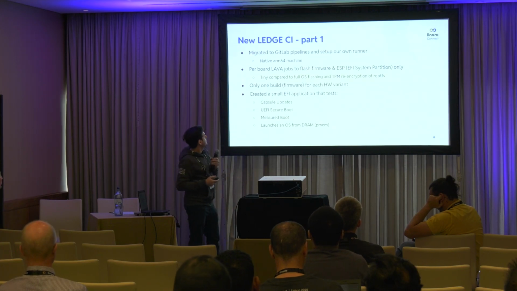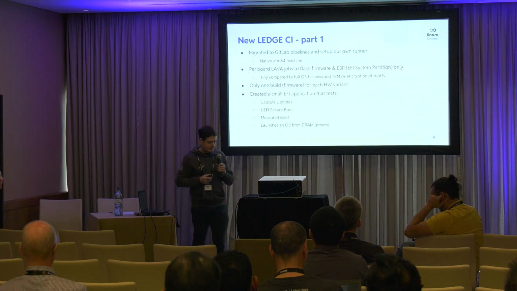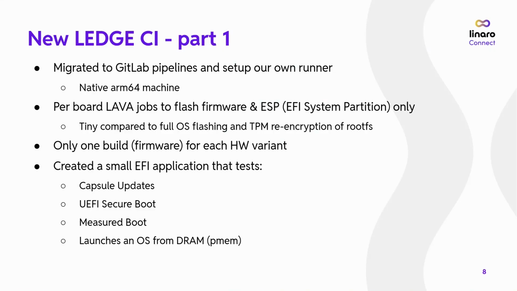Okay, so with the new CI, we migrated to using GitLab pipelines, and now we have a new server, and this is the first server running a native Arm 64 machine, very fast actually.